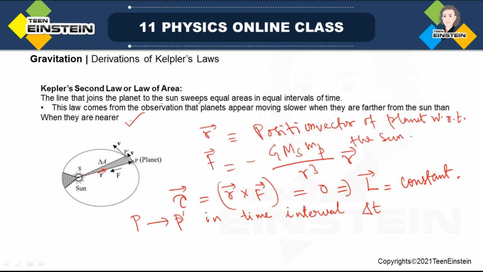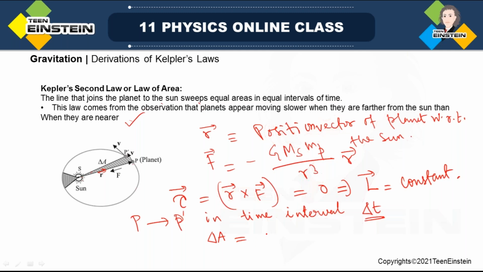Now if we want to calculate the area which is swept during this time interval, you have to find out the area of this shaded region. Suppose that area is delta A, and that delta A can be obtained by the use of our knowledge of geometry.